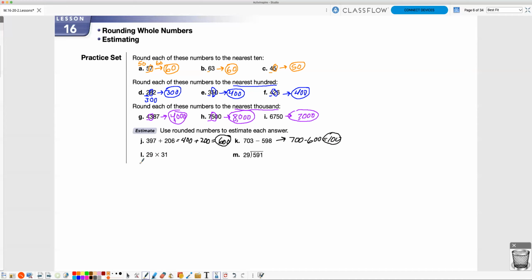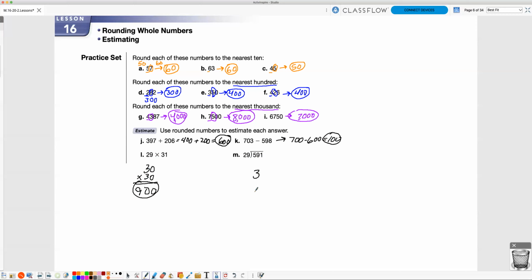All right, let's do letter L, 29 times 31. This one I would do 30 times 30 if I was going to estimate that, and I would see that there's 2 zeros hanging off the end there, and then I just have 3 times 3, which makes 9. The answer would be 900. And letter M. 591 divided by 29.